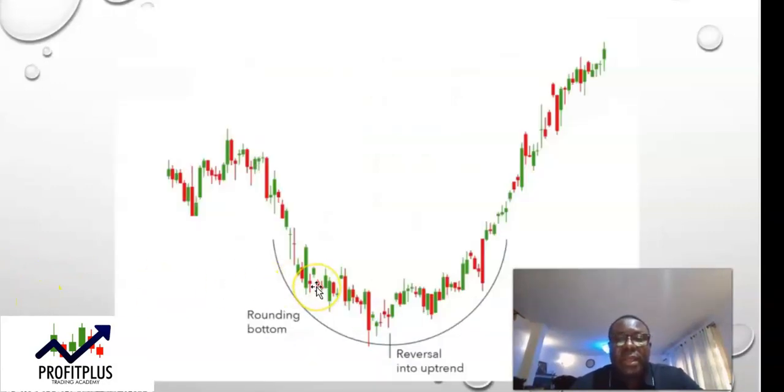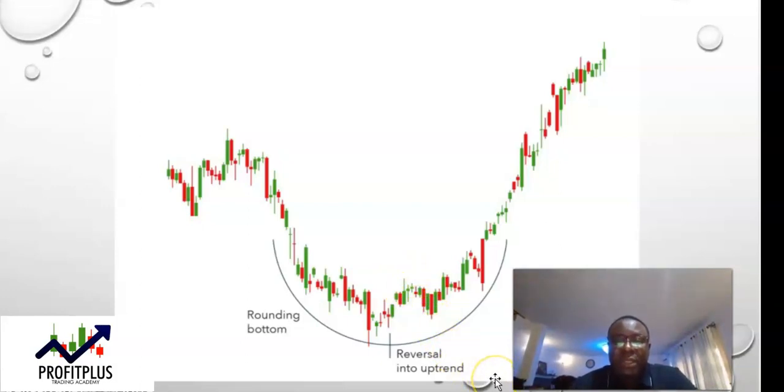The next here is the inverse of the rounding top, a rounding bottom. Price has been dropping. You know, these are downtrending markets. It moved down here, pushed up, returns here. As it pushed up to this level, we were expecting it to come downwards, but it couldn't.